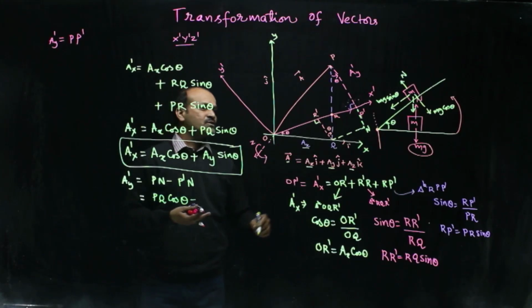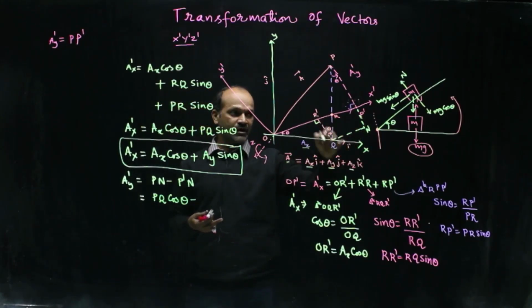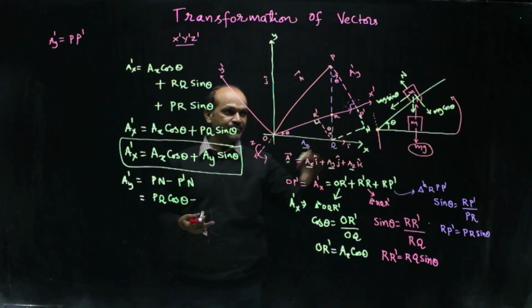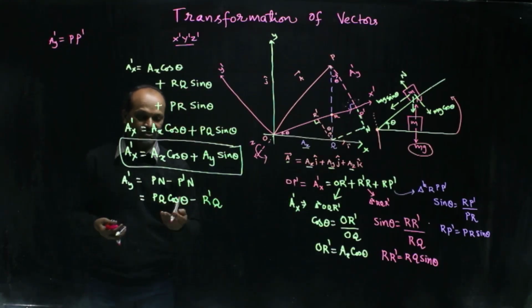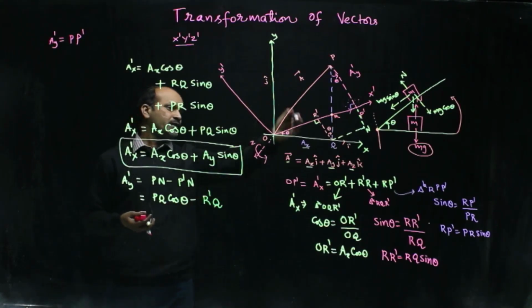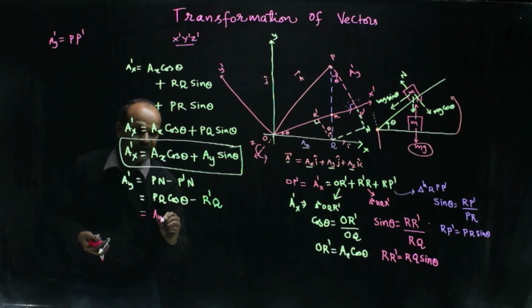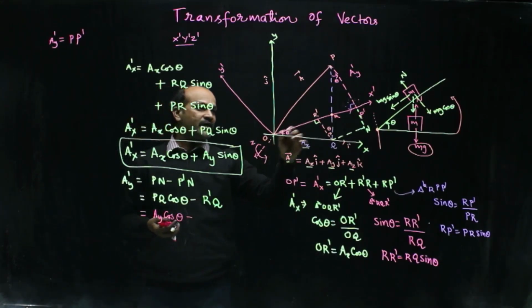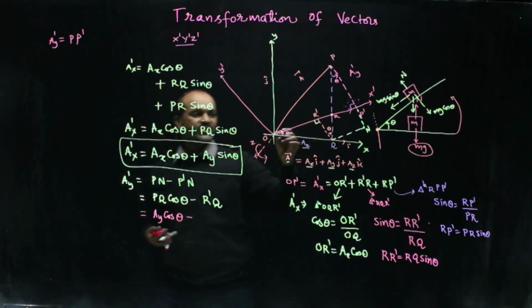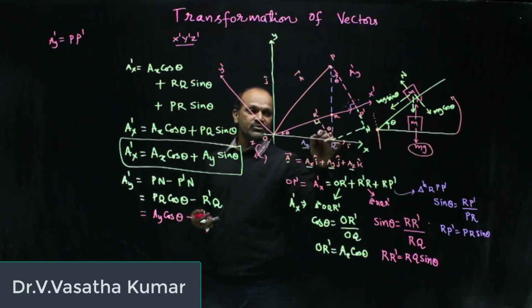PQ cos theta minus P dash n. What is P dash n? P dash n is R dash Q. Both are parallel lines, same. So PQ is Ay, so Ay cos theta minus R dash Q. See the triangle OR dash Q. From that, R dash Q is the opposite side. If you take the other triangle you won't get it; the mathematics becomes more complicated. In this OR dash Q triangle, the opposite is R dash Q, so you take sin theta.